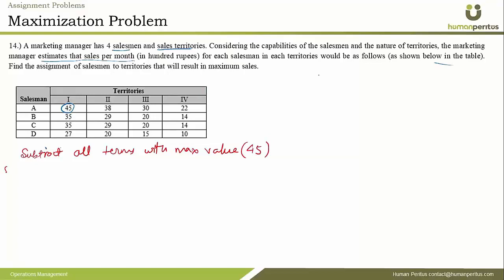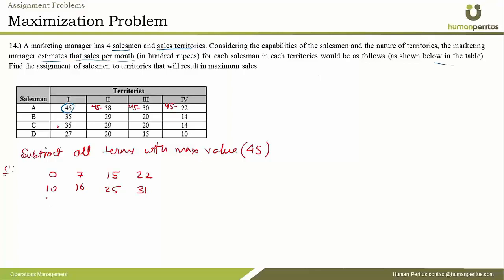So what will be my matrix, which will be our step 1 here? Our matrix will be 0, 7, 45 minus 38. This is 15. This is 22. I will do the same thing with the second row: 10, 16, 25, 31. Okay.